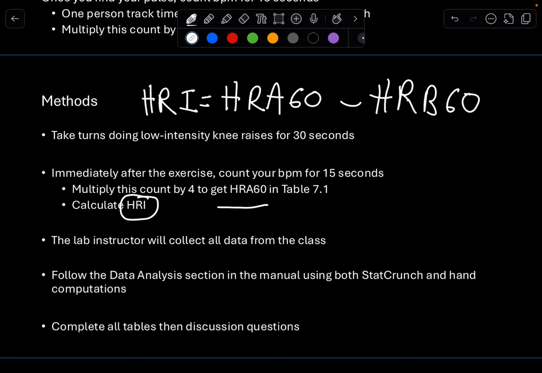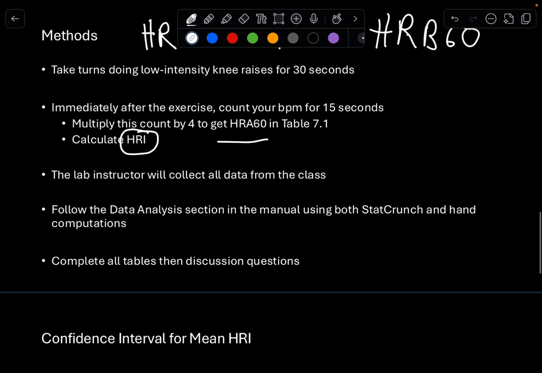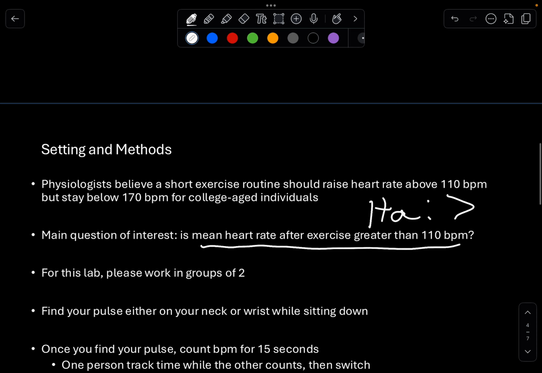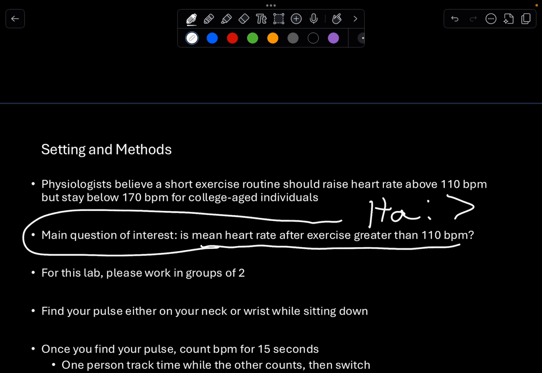Then in 7.5, you'll do a hypothesis test for HRA 60, for HRA. Remember the original research question for the hypothesis test. Is mean HRA greater than 110? That will be your hypothesis test.